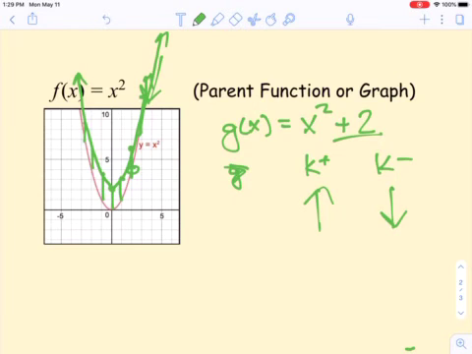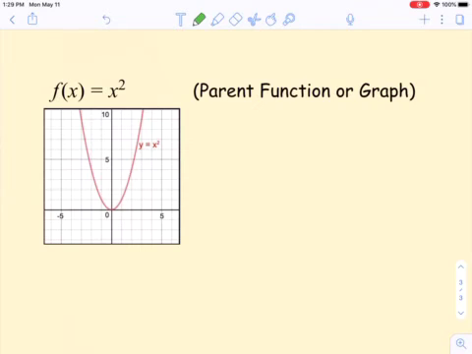We're starting with our f of x equals x squared. And now we're going to say y equals negative 3 plus x squared. So our parent function would be y equals x squared, and then we've got this negative 3. Let's rewrite this.